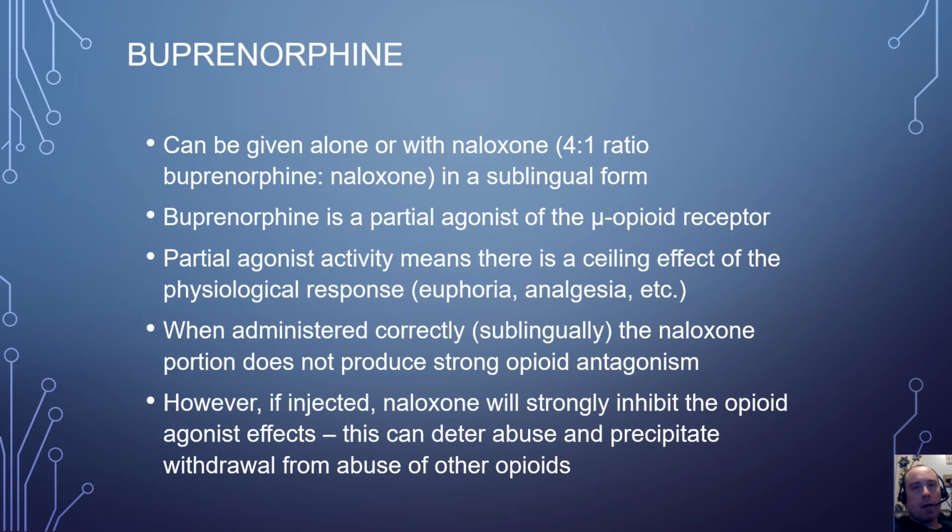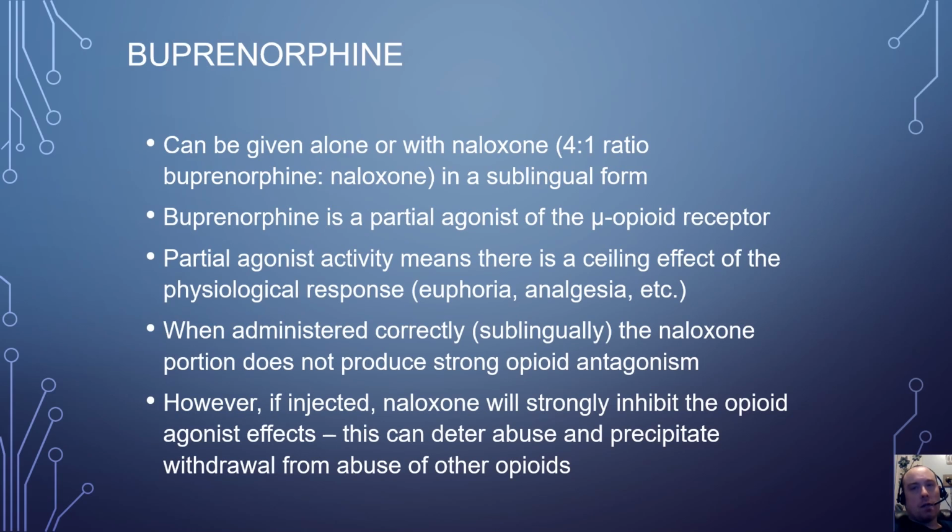So you might be asking, why is naloxone in there, period, then? What was the purpose of it? The purpose is that if someone dissolves it and injects it IV or any other injectable route, the naloxone will get into the blood and it will inhibit buprenorphine.